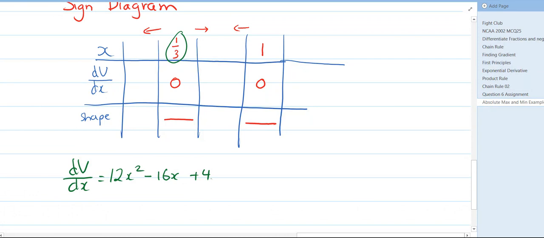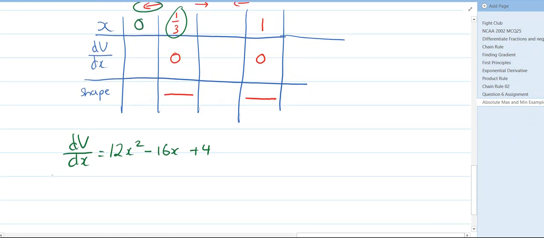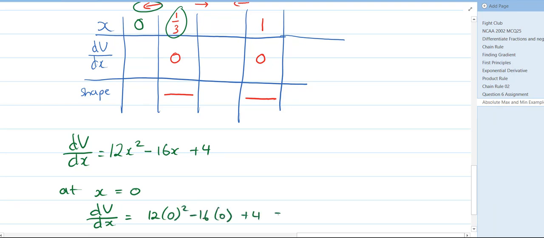And we want to pick a number less than 1/3. Now I'll probably say 0. 0 is the easiest one because if I sub 0 in, so at x equals 0, dv dx equals 12 times 0 squared minus 16 times 0 plus 4. So that tells me this is positive 4. I don't really care what 4 is or what the gradient is. I just need to know is it positive or negative. And I know it's positive.